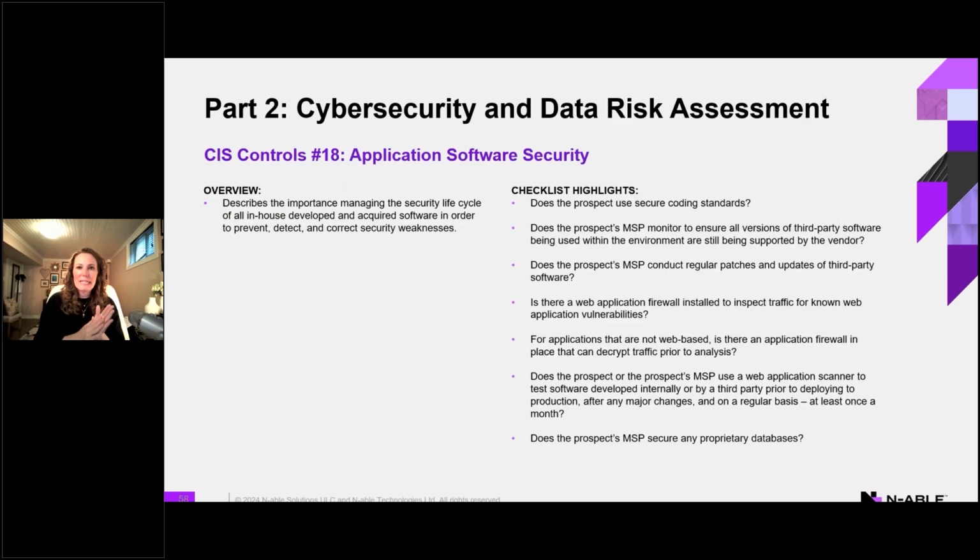Looking at control number 18, application software security, 11 sections as part of this control, but at a high level, control 18 really talks about the importance of managing the security lifecycle of all in-house developed and acquired software in order to prevent, detect, and correct security weaknesses. Vulnerabilities can be present for any number of reasons.